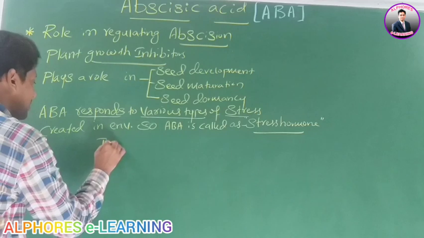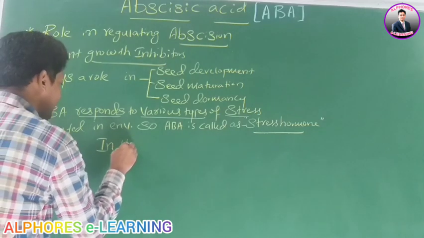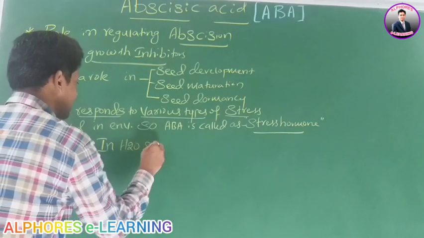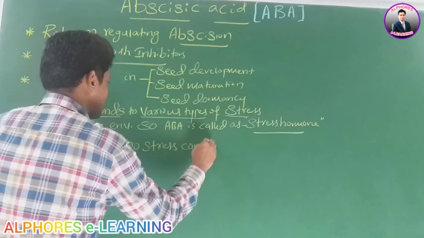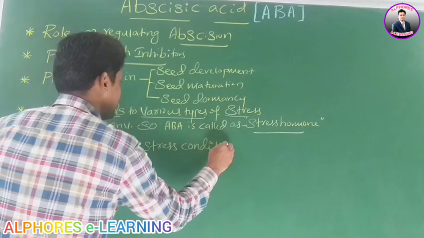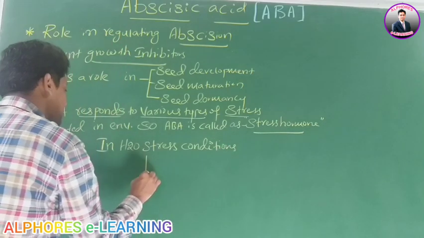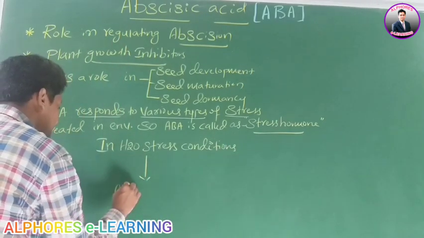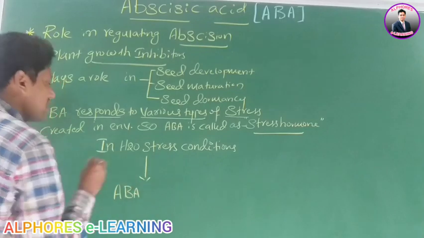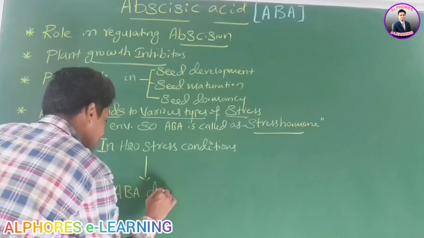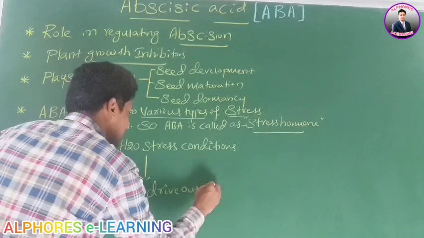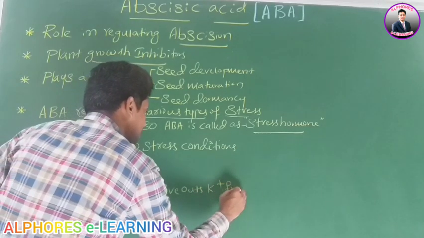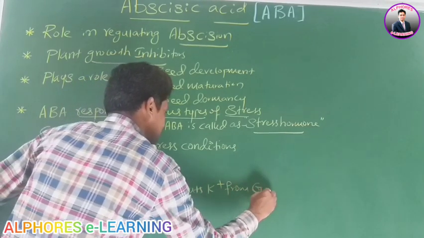Therefore, in water stress conditions, what is abscisic acid doing? This ABA drives out K plus ions from guard cells.